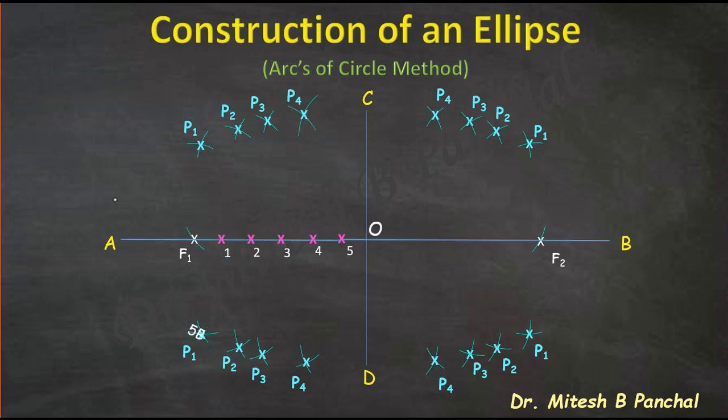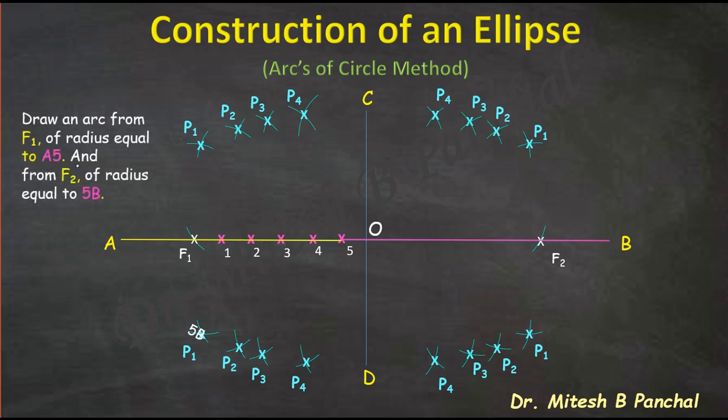Now consider portions A5 and 5b. So A5 plus 5b equals AB. Draw an arc from F1 of radius equal to A5 and an arc from F2 of radius equal to 5b. The intersection point will be P5.